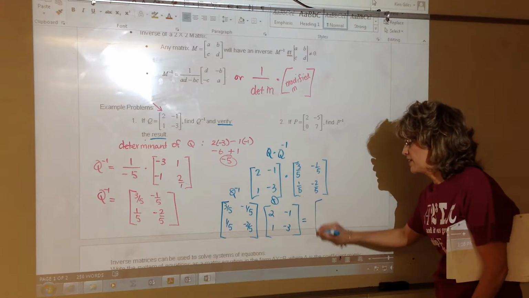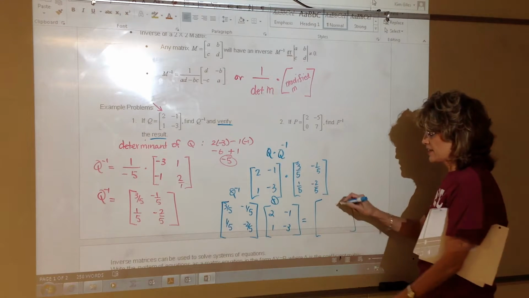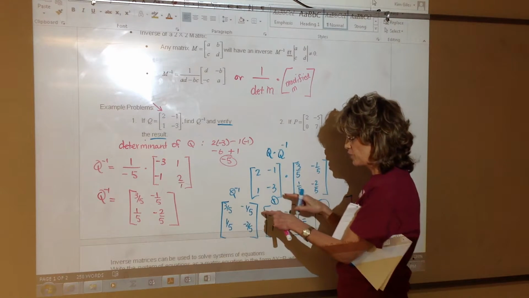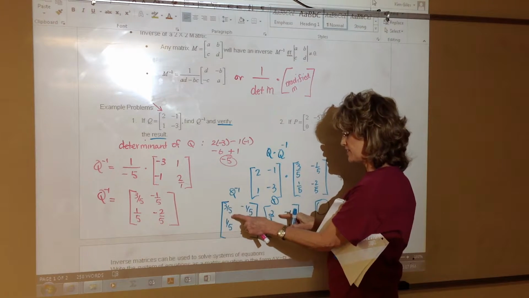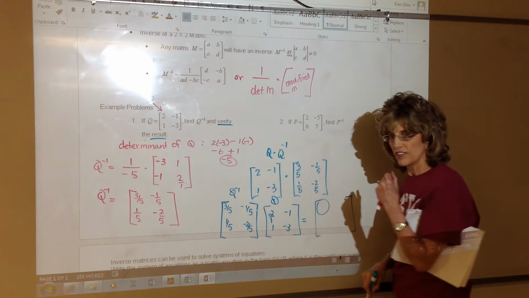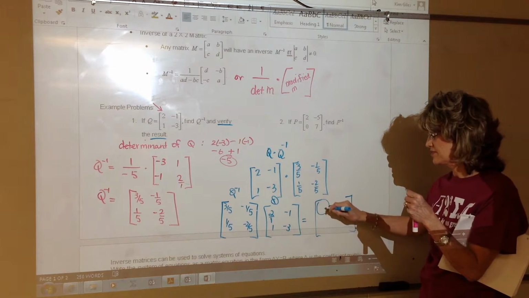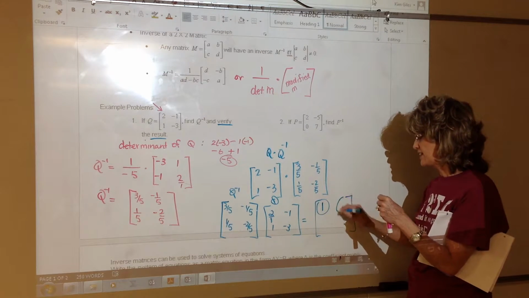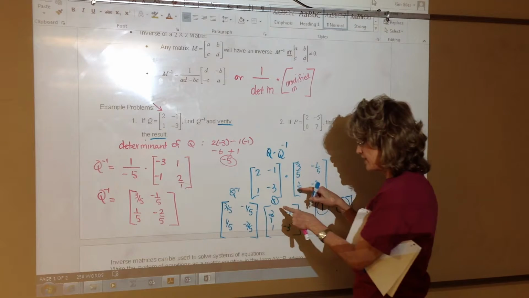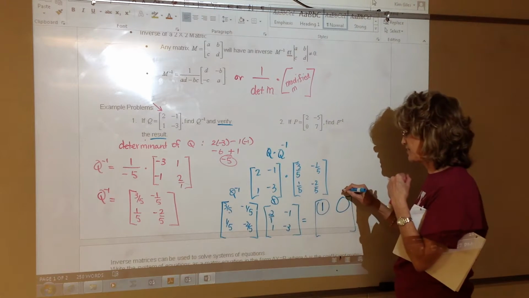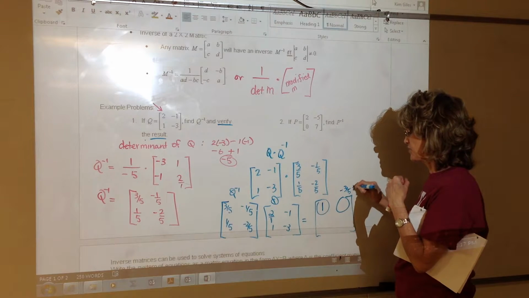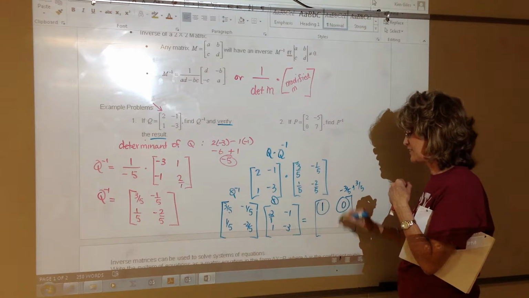But if we multiply, then this entry right here, row 1, column 1, straight across the top, 6/5 minus 1/5. That's 5/5. We get 1. This entry right here, row 1, column 2, -3/5 and +3/5. If you have -3/5 plus 3/5, you get 0.